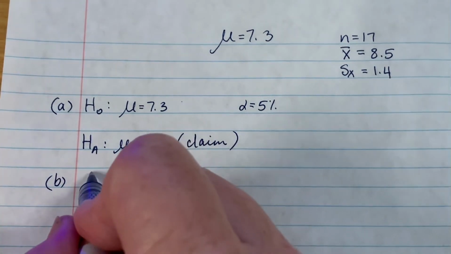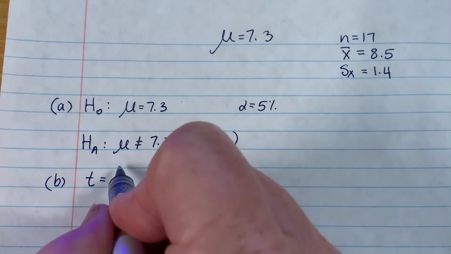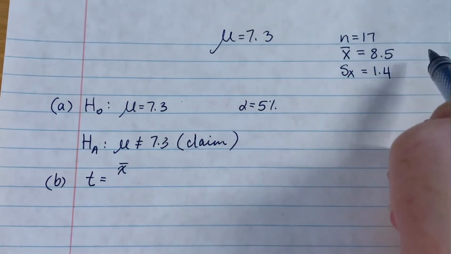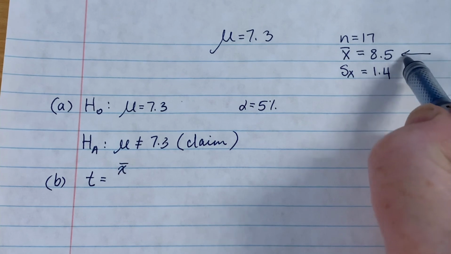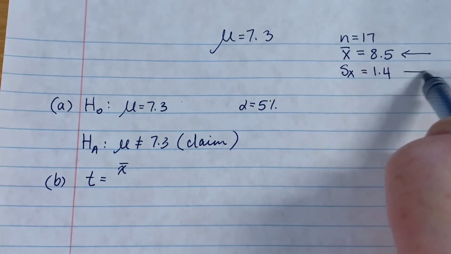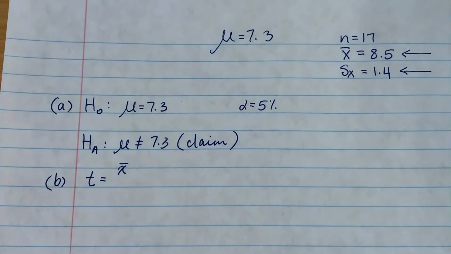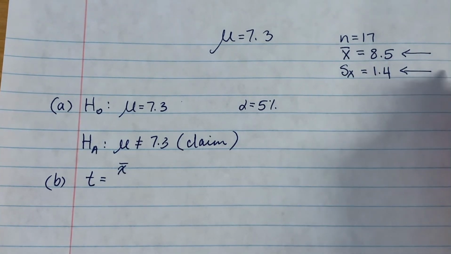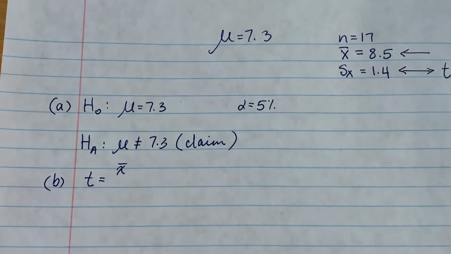How do I know to use the t-test here? I was not given a sigma; I was given a sample mean and a sample standard deviation. The fact that you have a sample standard deviation means it's going to be a t-test.